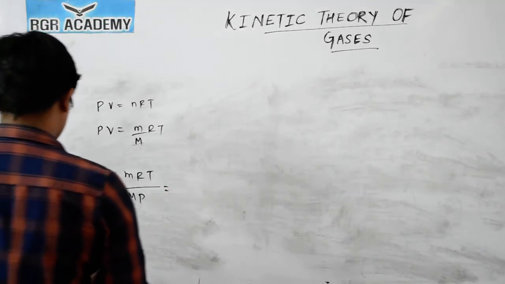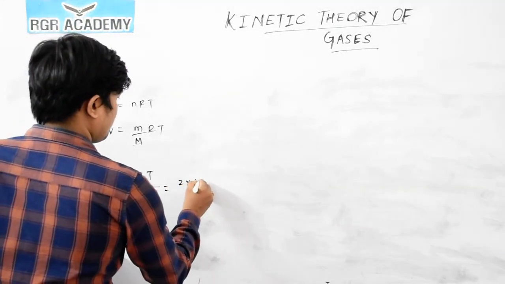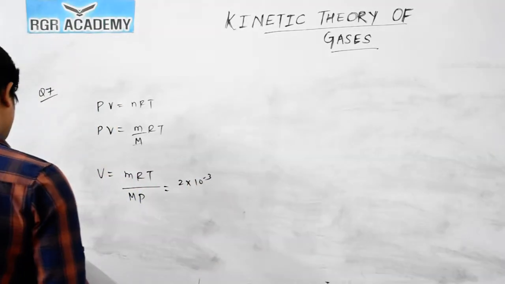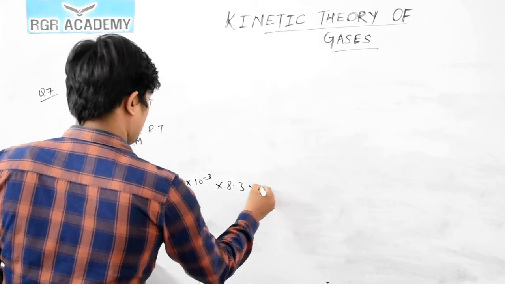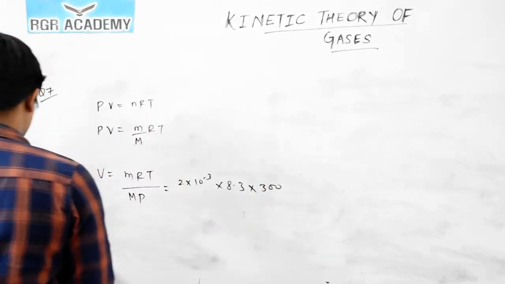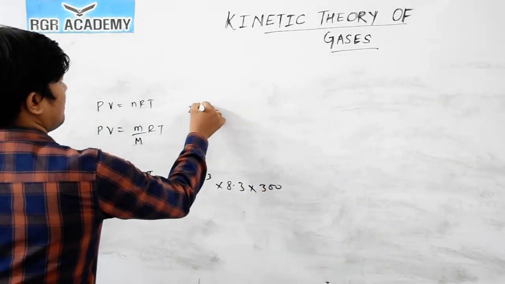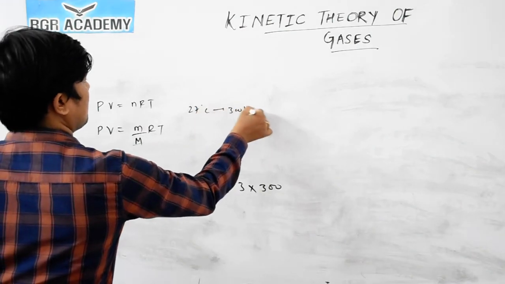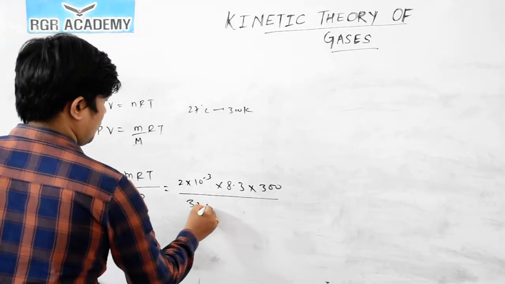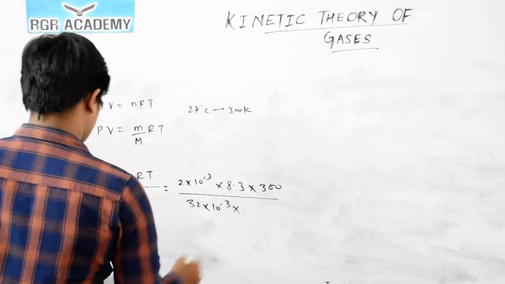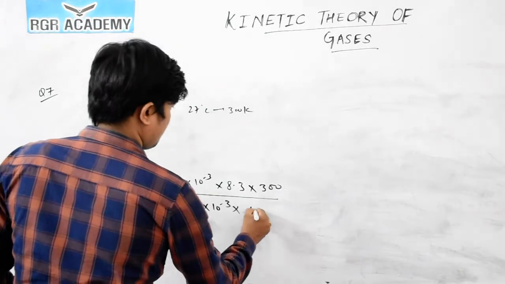The value of m is 2 into 10 to the power minus 3, 2 grams they have given. R is 8.3, temperature is 300, they have given 27 degrees Celsius, which is equal to 300 Kelvin, divided by molecular mass 32 into 10 to the power minus 3, into pressure 10 to the power 5, in atmosphere.